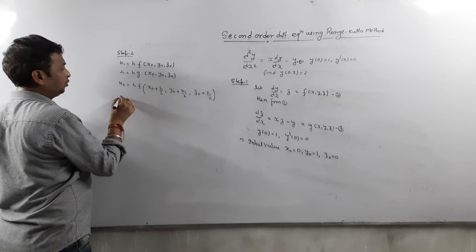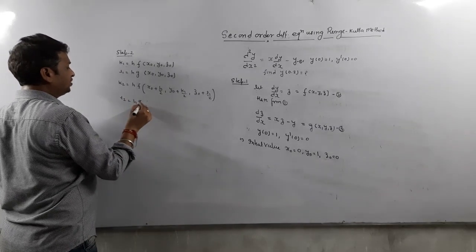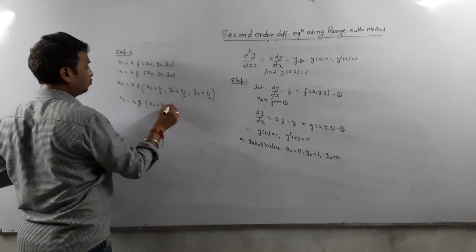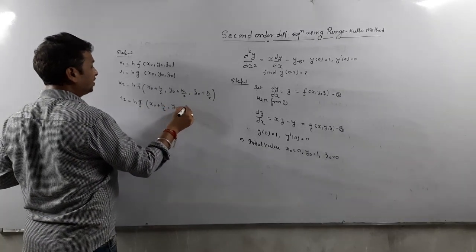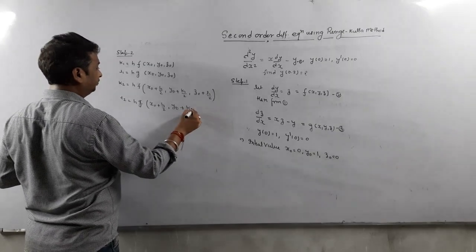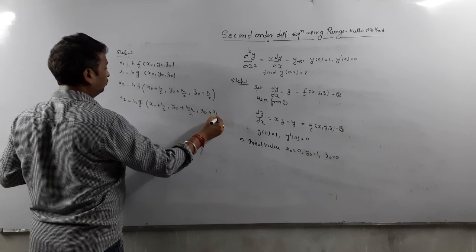Then calculate the L2 value. What is L2? h in place of f, g at x0 + h/2, y0 + k1/2, and z0 + L1/2.